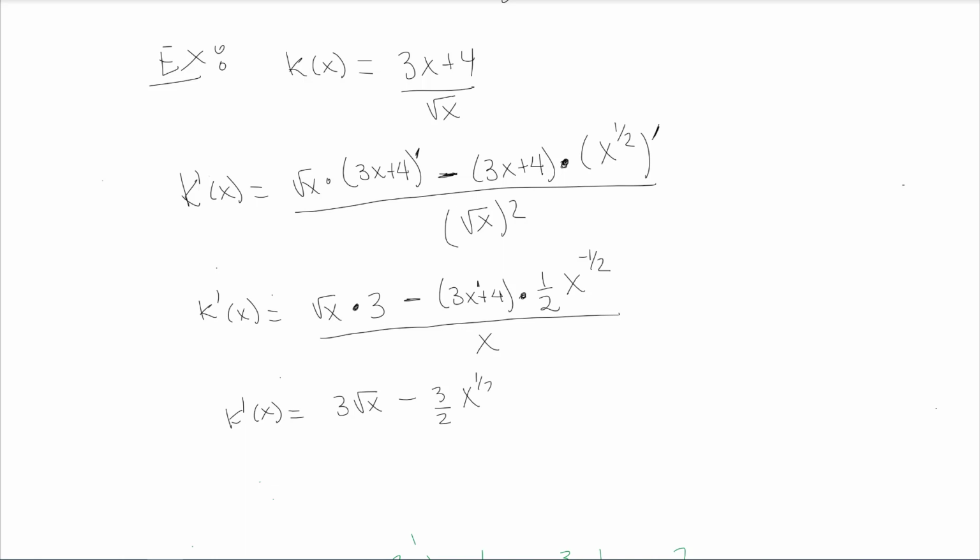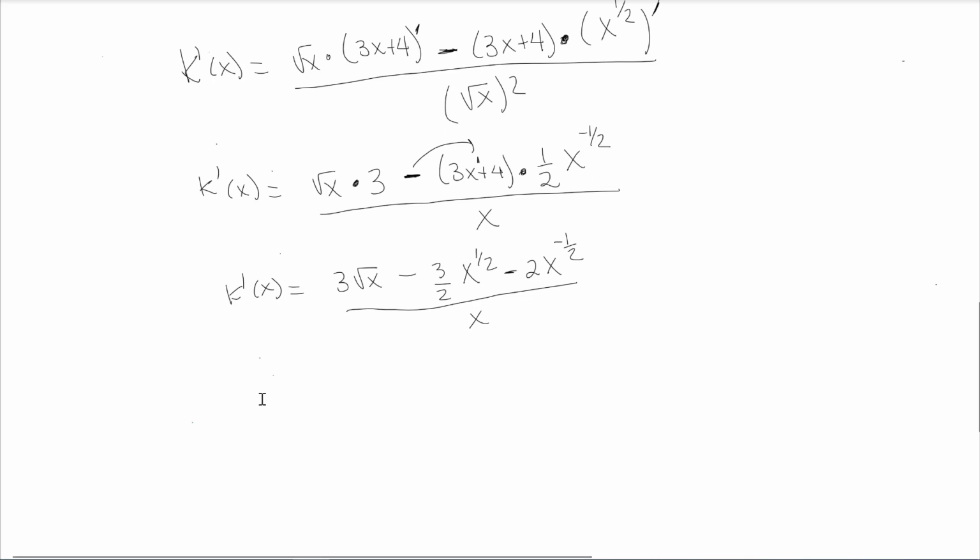So it's x to the 1/2, plus 4 times 1/2 x to the minus 1/2. But because we have a negative, the negative from our quotient rule, we have to distribute that in as well. So it's going to be minus 4 times 1/2 is 2, x to the negative 1/2 divided by x.